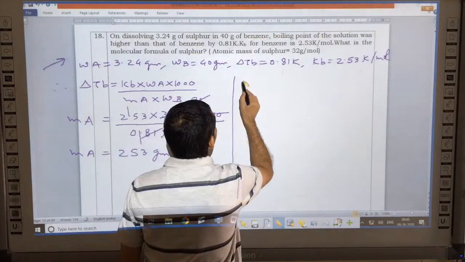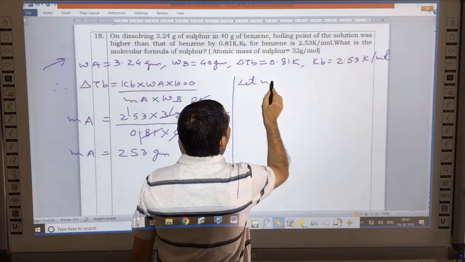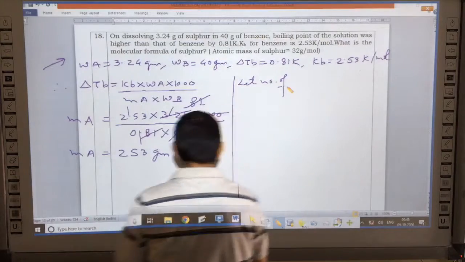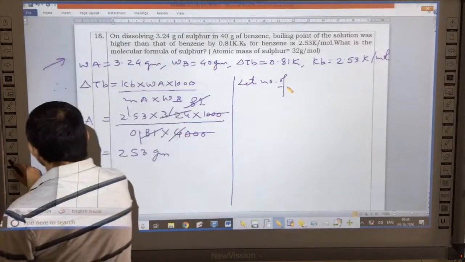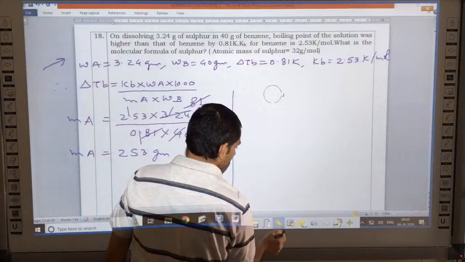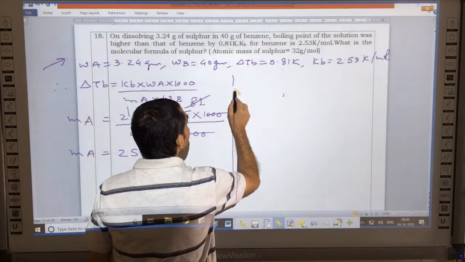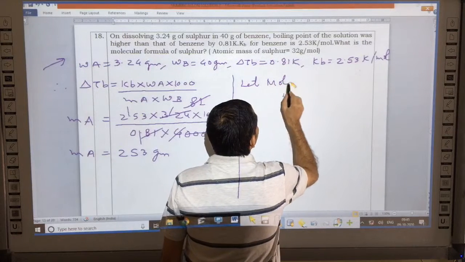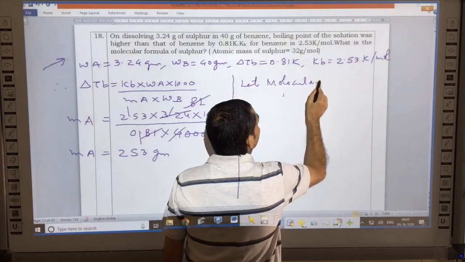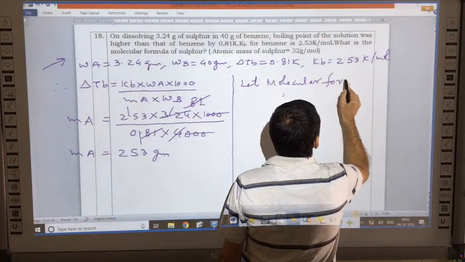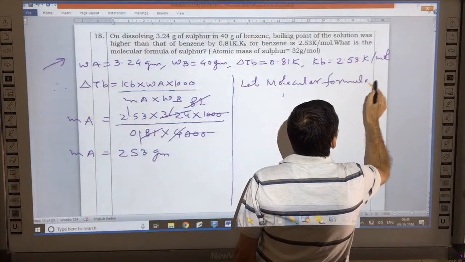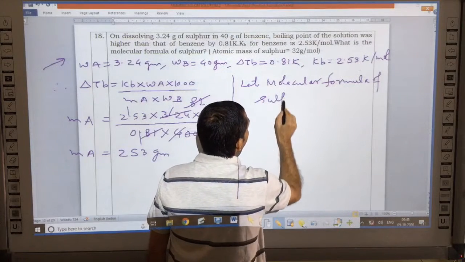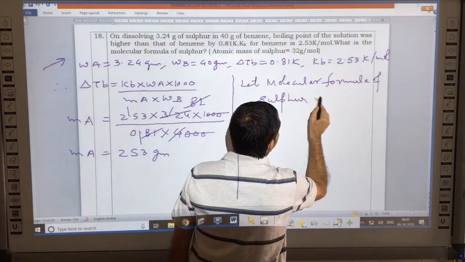Let us write the molecular formula. That is a simple way. Let the molecular formula of sulfur be equal to Sx.